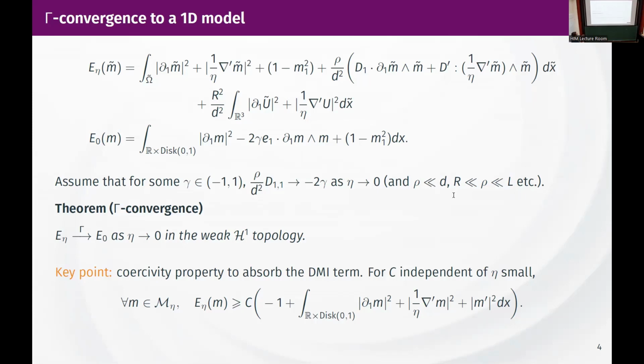Then you have the Dzyaloshinskii-Moriya interaction, and you will make an assumption on the D prime factor, essentially so that this term tends to 0, and you will make an assumption so that this converges. You could say it should converge to any real number, and actually we will assume that it converges to some gamma which is between -1 and 1.